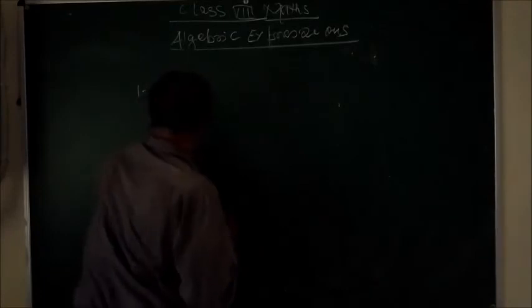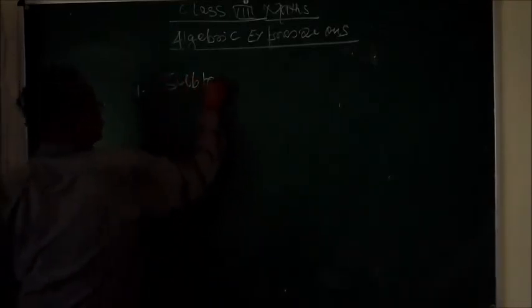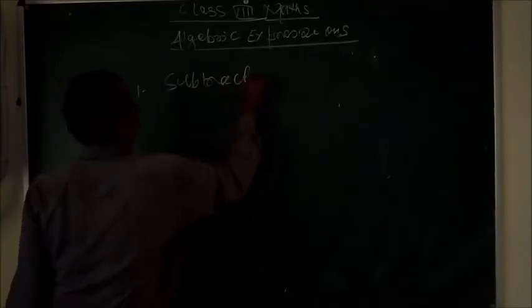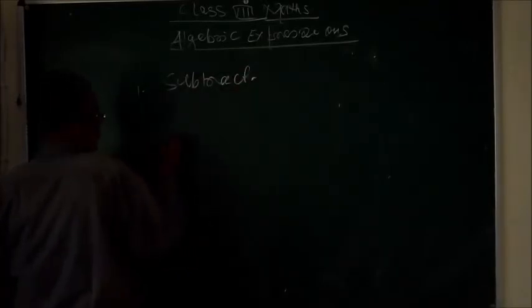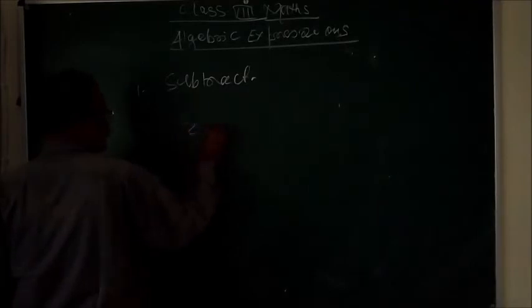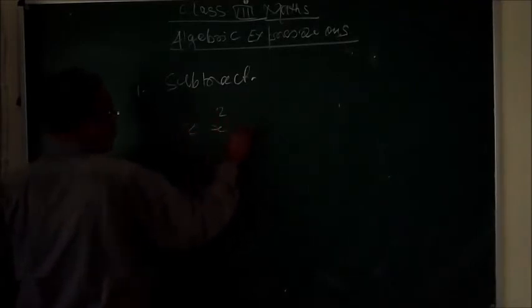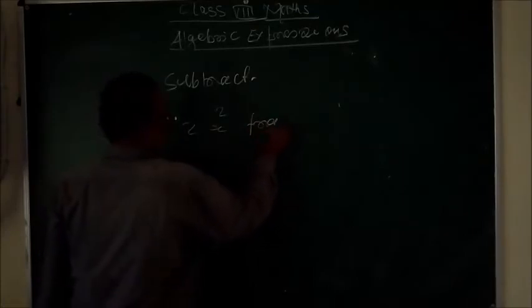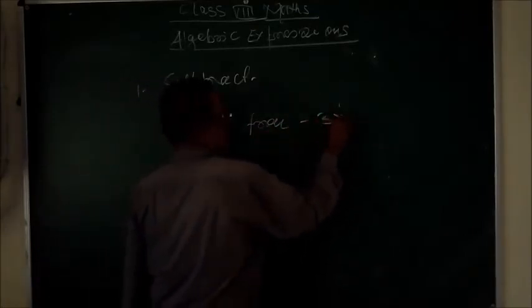And similarly, suppose we have to subtract. Now you see the subtraction. There is no change in the process, only the operation changes to subtraction. Now subtract 2x squared from minus 3x squared.